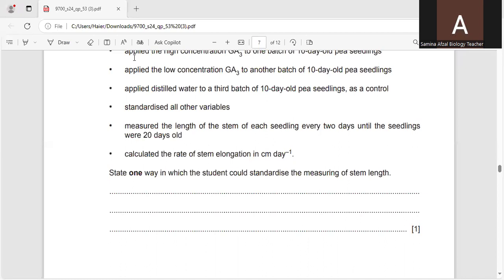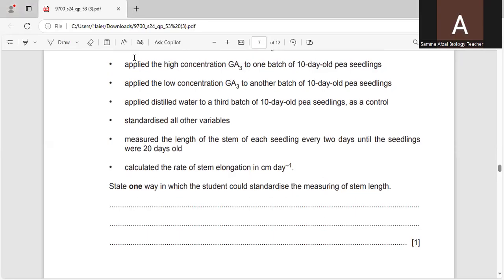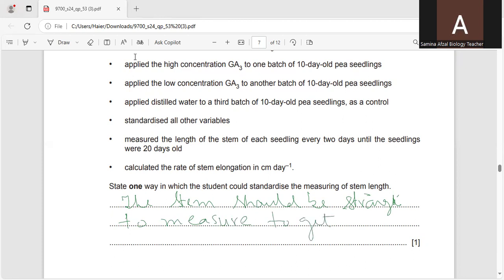First of all, I think the stem should be straight to get an accurate value, or a measuring tool can be used.